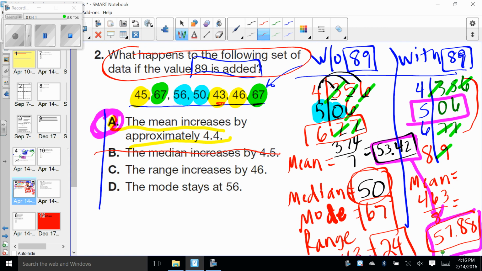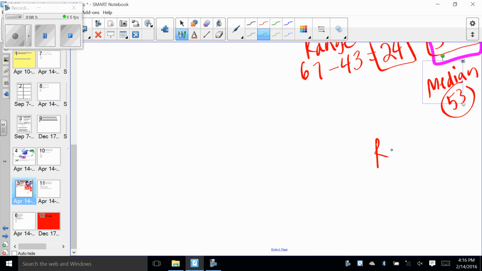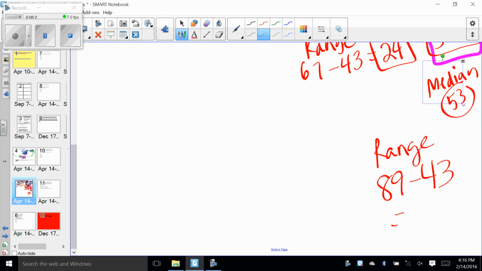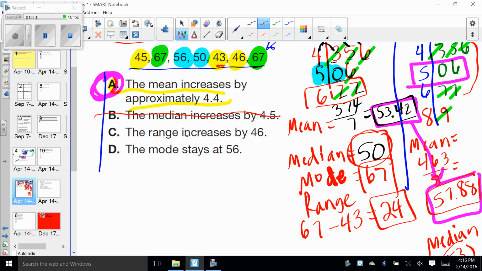The range on the right-hand side: now my biggest number is 89 because we added that, and our smallest data point was 43. So my range is 46. It says that the range is going to increase by 46.